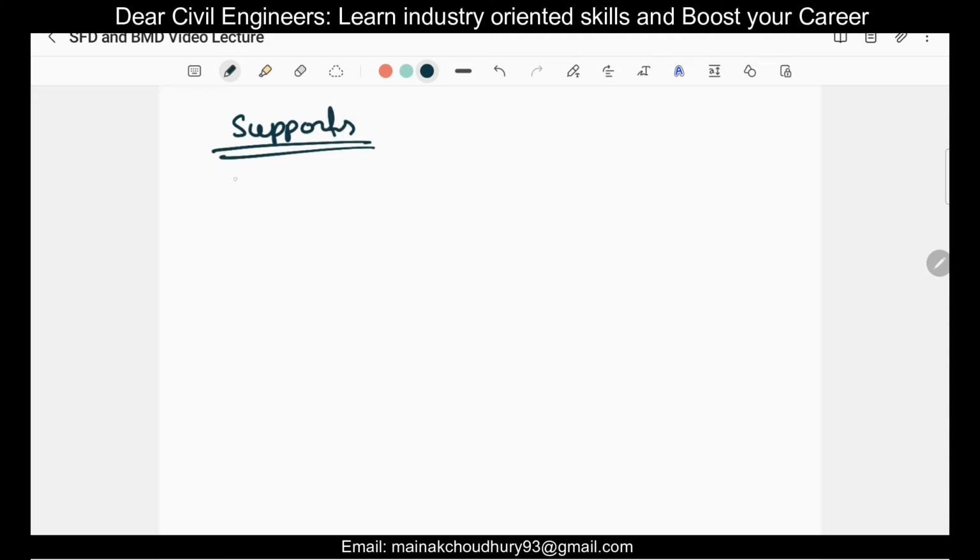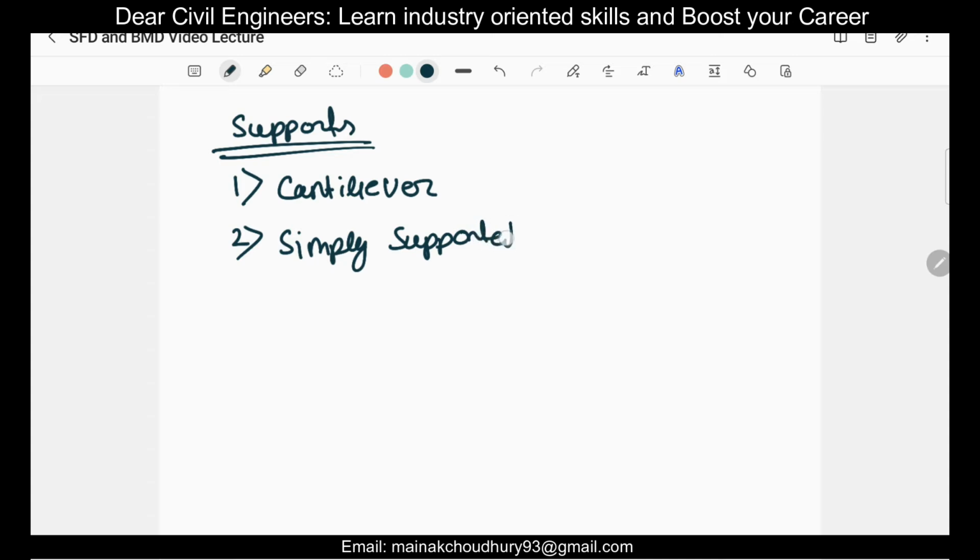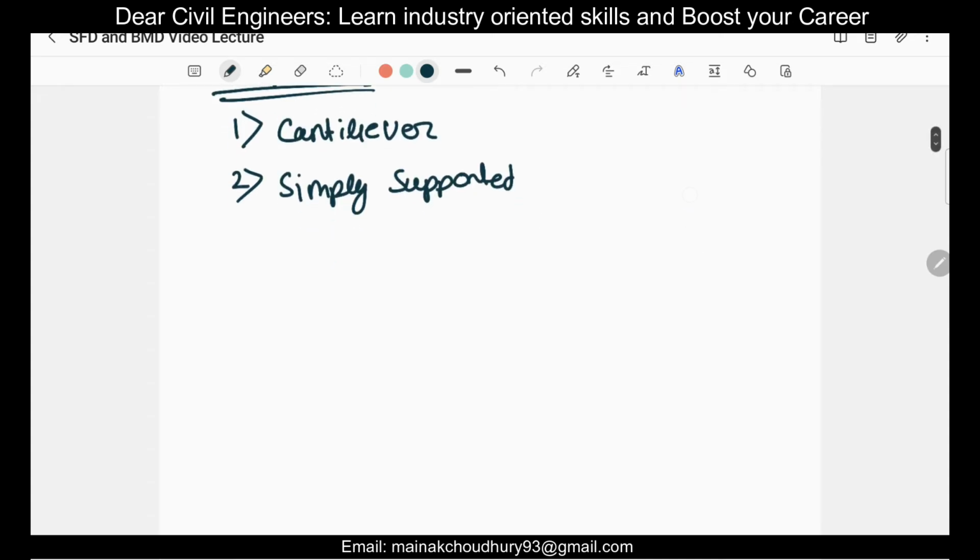Mainly we are going to cover here, in any exam you see, first of all you have the cantilever support. Then you have the simply supported, which is mostly covered in books, but in the practical scenario you will rarely find any simply supported beam.